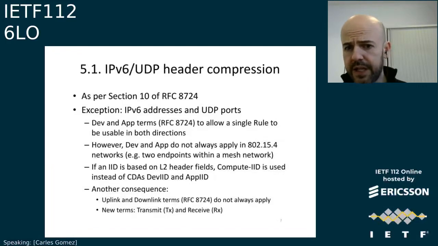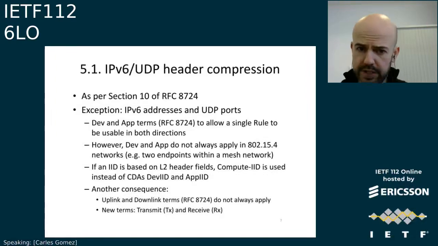In the base SCHC specification, RFC 8724, there are two terms, DEV and APP, which are related to the underlying architecture that's assumed, where there will be devices like, for example, sensors, here abbreviated as DEV, and some application which might correspond to some entity in charge of centralizing data collection on the network side, here abbreviated as APP. These two terms allow using a single rule in both directions. So there's no need to have one rule for compressing when we send in one direction and another rule for the other direction. However, the problem here is that in 15.4 networks, these two concepts do not always apply.